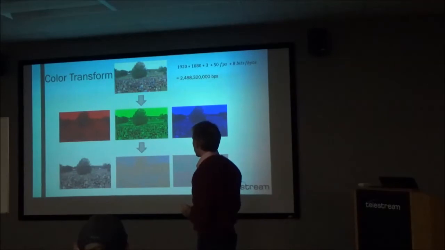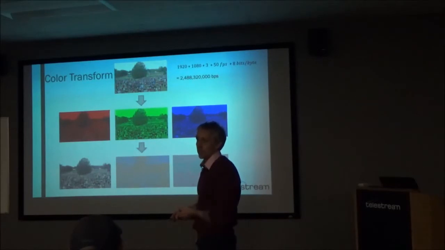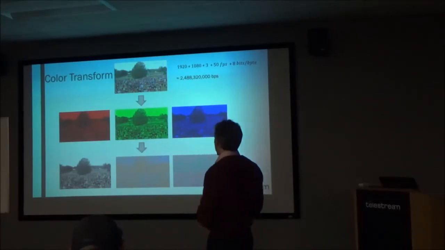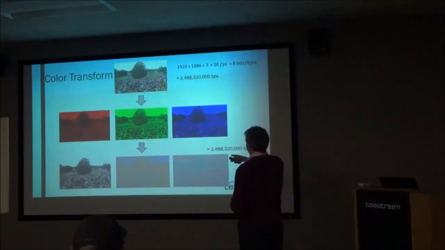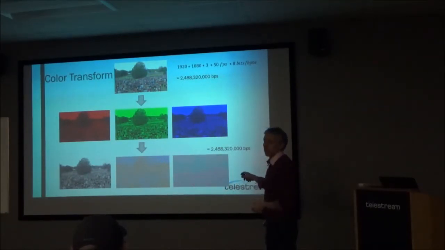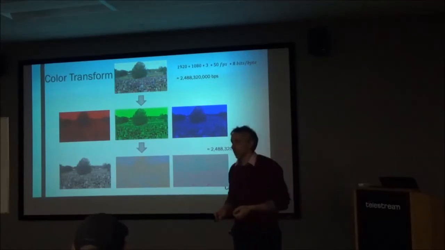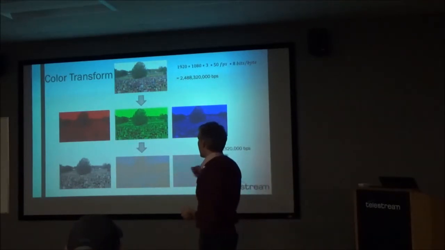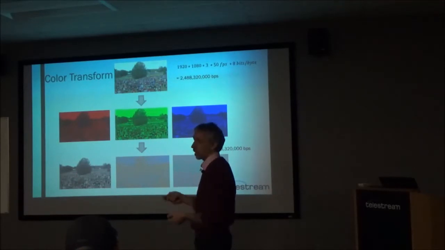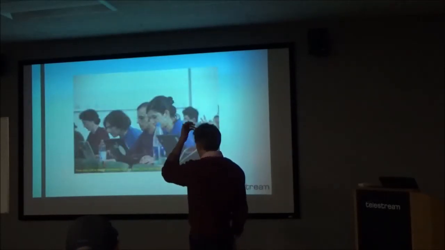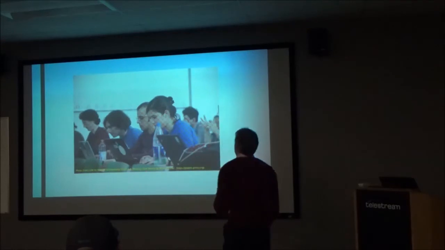And then the other 2 chrominance planes here, they represent the color information in the picture. So we've done this amazing transform, and we still have got 2 gigabits per second. We haven't done any compression yet at all. But we're now able to look at what we had originally coming off of the camera sensor in a different light.